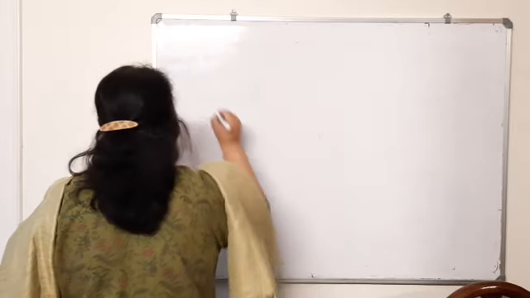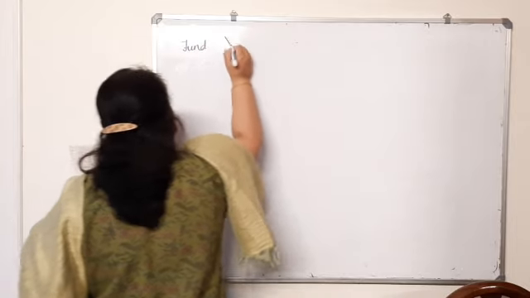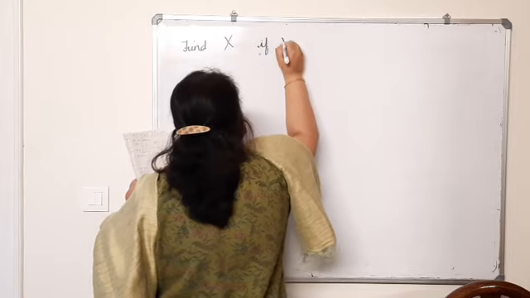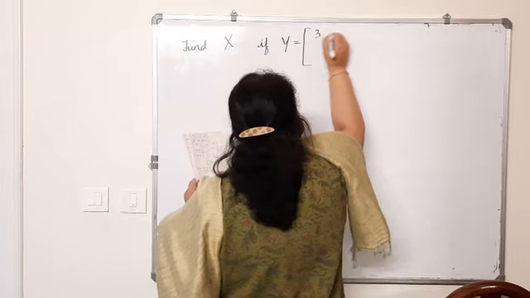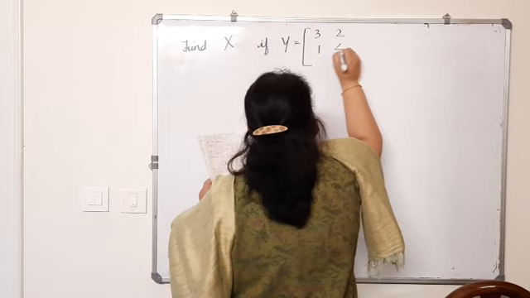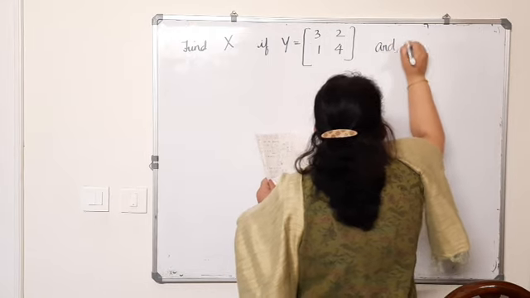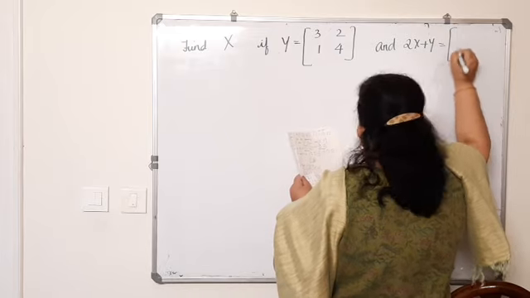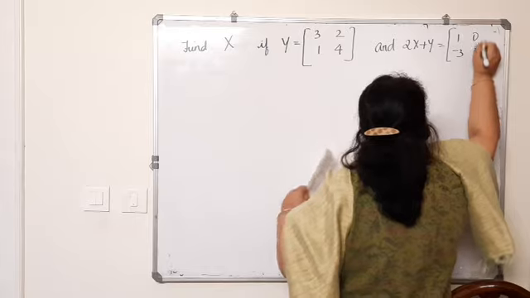Now, a very important question, find x if y is equal to matrix 3 2 1 4 and 2x plus y is equal to matrix 1 0 minus 3 2.